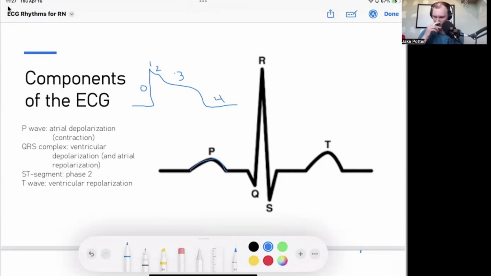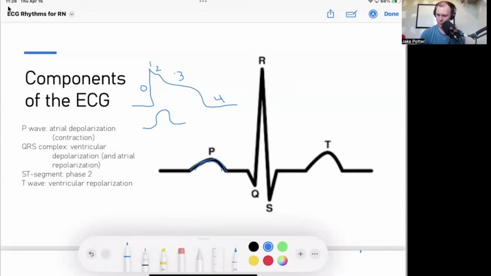So basically with the P wave, you're getting an impulse generation through the atrium, and that's causing this P wave, this first blip, if you will, before the QRS complex.